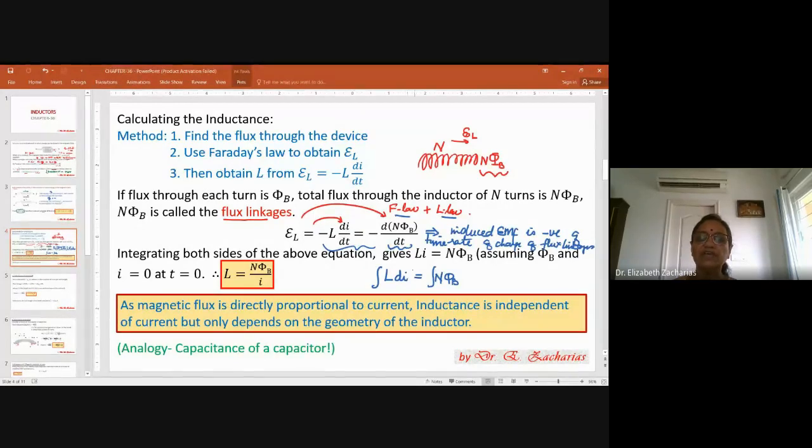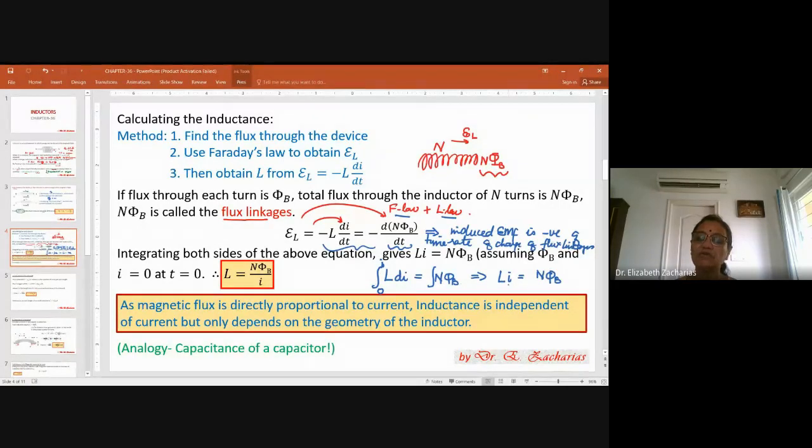You're going to assume that at time t equal to 0, the current in the circuit was 0, and at time t equal to t, the current is I. Current is 0 means phi b is 0 initially, and then phi b finally. So therefore, what you will get is L into I is equal to n phi b.